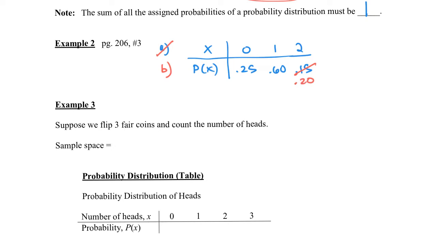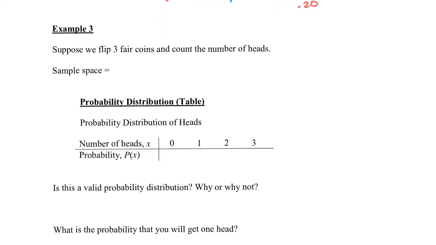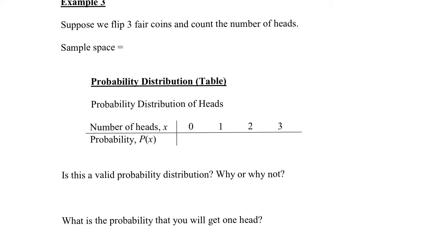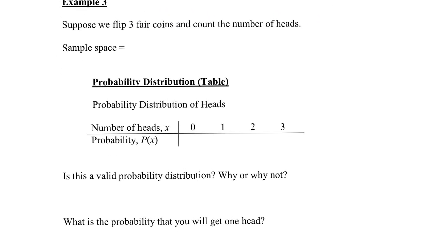Okay, so let's take a look at a real one here, not a made-up one. This example 3 tells us we've got an experiment. We're going to flip 3 fair coins and count the number of heads. So the sample space here is basically everything that could happen, right?